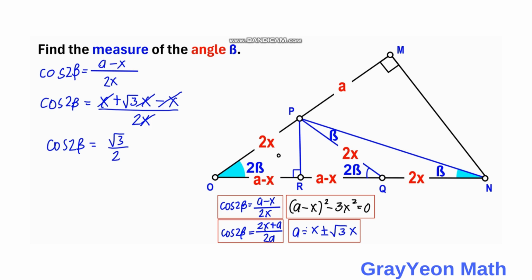If you get the arc cosine of square root of 3 over 2, 2 beta is 30 degrees. To get beta, just divide both sides by 2, so beta is 15 degrees. And that is our answer.